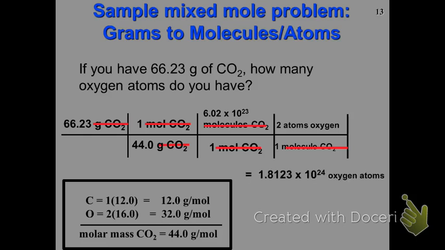I got an answer of 1.8123 times 10 to the 24th oxygen atoms. And it looks to me like I need to do 3 significant digits, because I see 4 in the first one, but I see 3 for 44.0 and 6.02. Don't worry so much about the 2 atoms of oxygen in 1. So I'm going to write this as 1.81 times 10 to the 24th oxygen atoms.